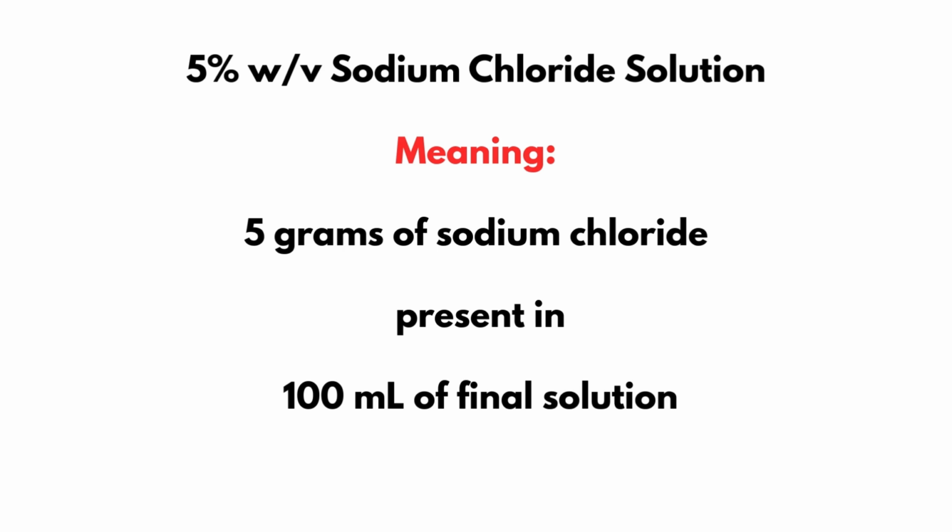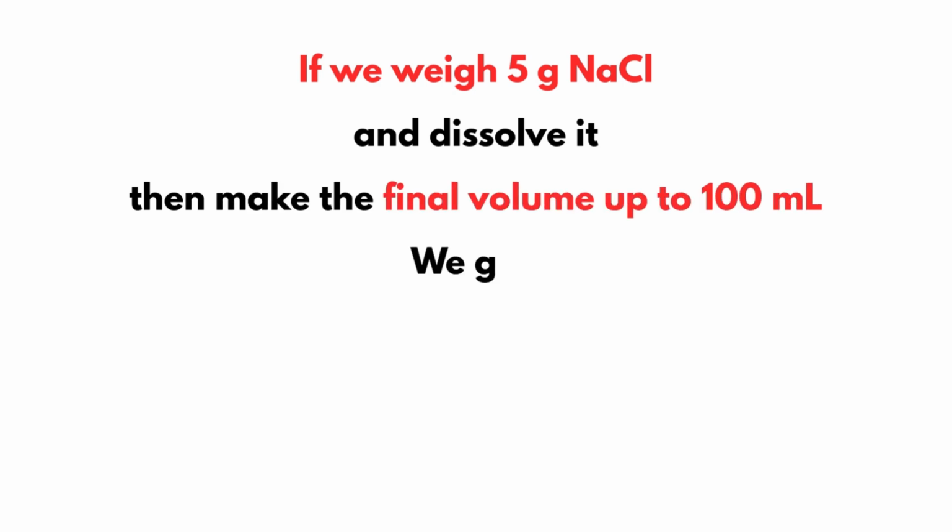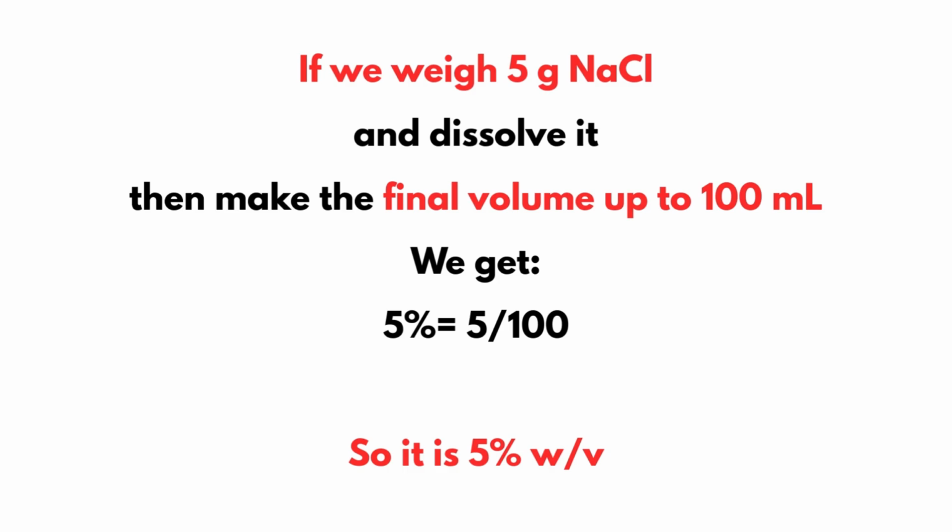Weight by volume means 5 gram of sodium chloride must be present in 100 ml of final solution. So if we weigh 5 gram of sodium chloride and dissolve it in 100 ml of solution, that becomes a 5% weight by volume sodium chloride solution. So this is a simple example.